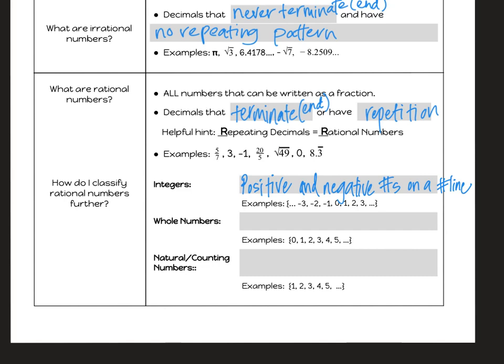Whole numbers, think of that whole, think of the hole, which is going to give you the shape of 0. So this is all numbers 0 and up. And then natural numbers are your counting numbers, so that just excludes 0. So natural numbers are all numbers 1 and up.